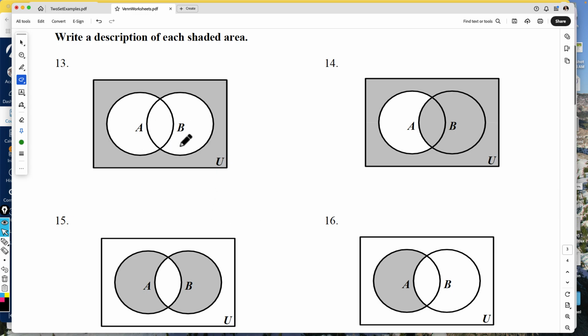13. Yes, sir. That's what's not shaded. So what must they have done at the end? To get the shaded part, they must have said not, right? Not A union B is the part that's not shaded.